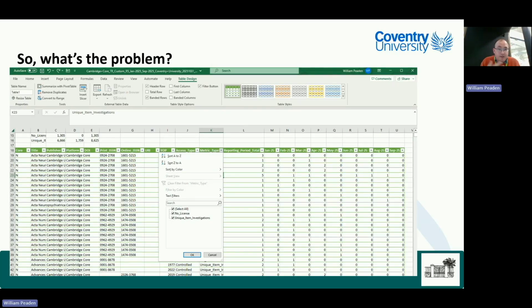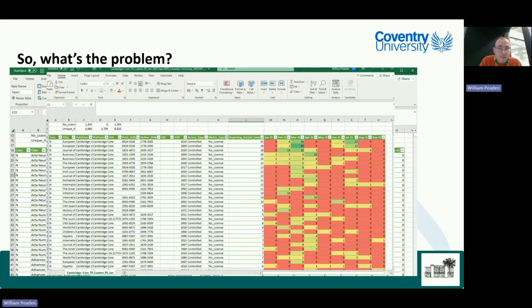Even if you add table functionality and filters, sort things out, and add heat maps so that you can see where your core areas of usage are, this is okay, but it's not terribly functional for people who are not used to looking at data, or even interested in looking at this sort of stuff, so their eyes glaze over.